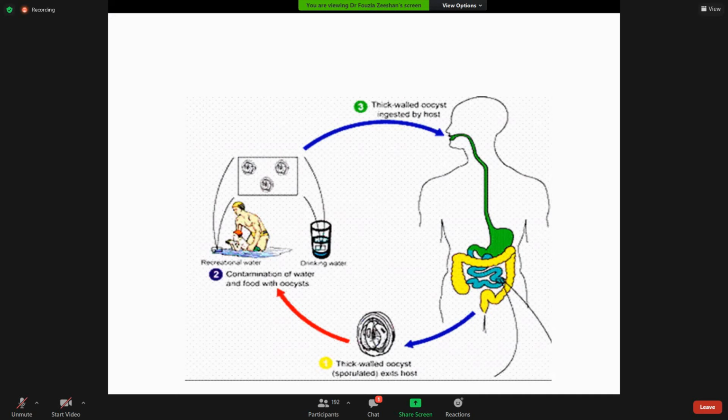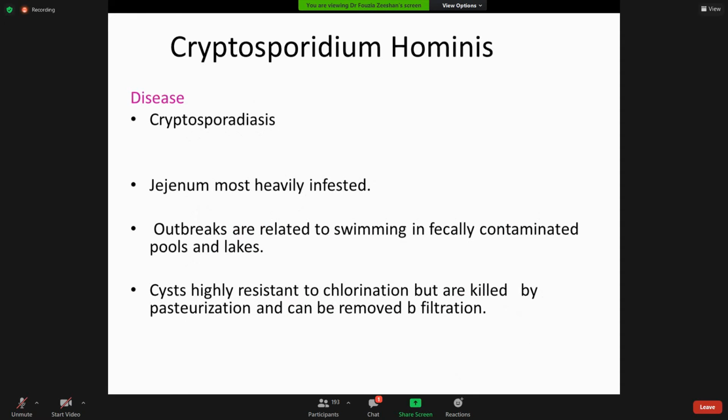Again, in cryptosporidiosis, the jejunum is most heavily infested. It is associated with swimming in fecally contaminated water. A person who regularly swims should make sure that the swimming pools are clean and not contaminated.